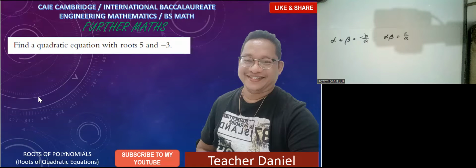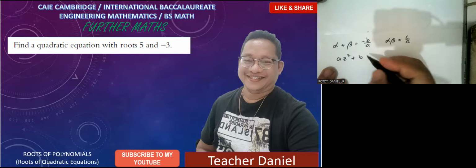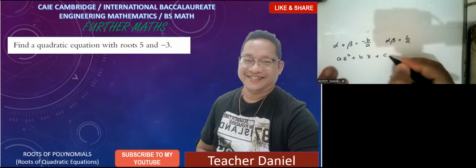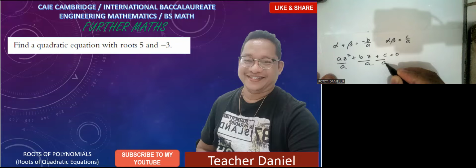Find the quadratic equation with the roots of 5 and negative 3. By the way, let me just write that az squared plus bz plus c is equal to 0. If we divide this by a, we end up with z squared plus b over a z plus c over a equals 0.